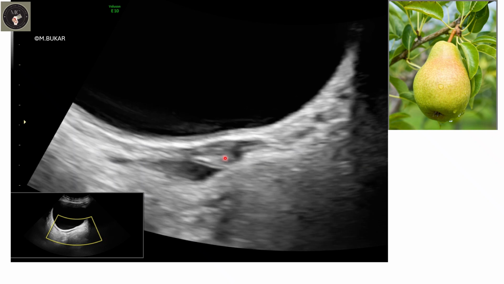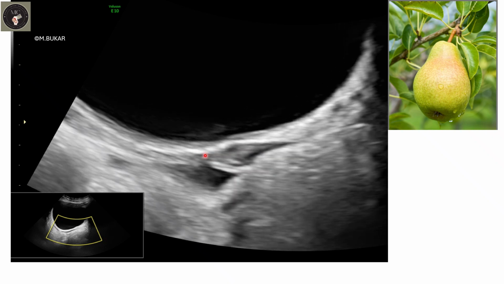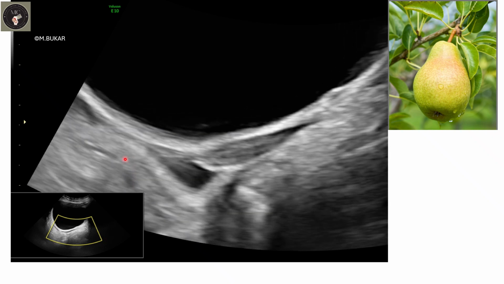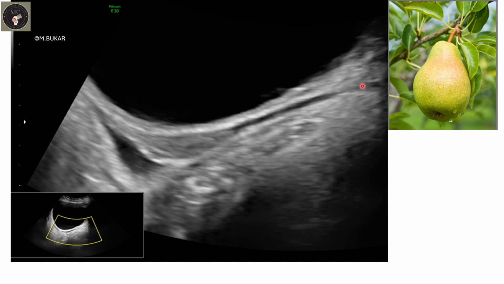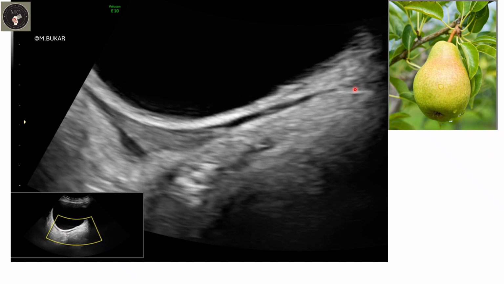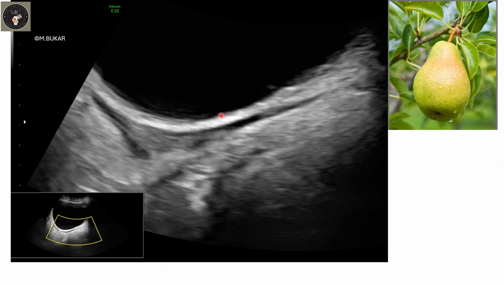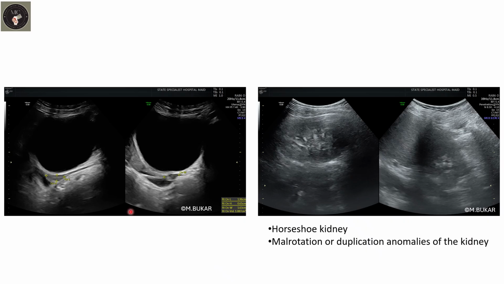Since she's a virgin, a transrectal ultrasound would have been more appropriate, but the probe is faulty. So one has to do with what is available, which is a transabdominal probe. So look at the measurements of the uterus. 1 by 0.6 by 1.